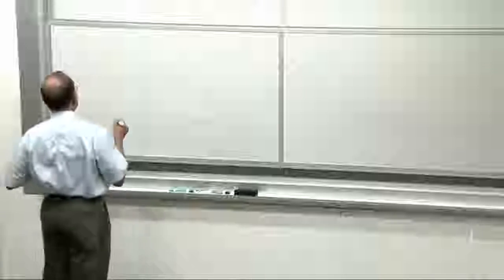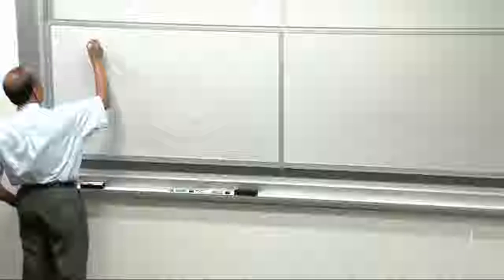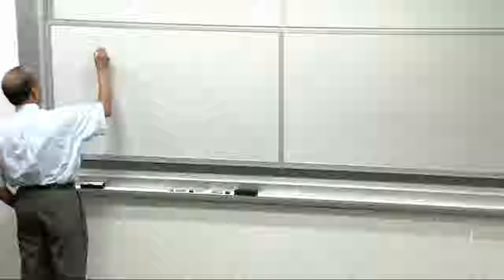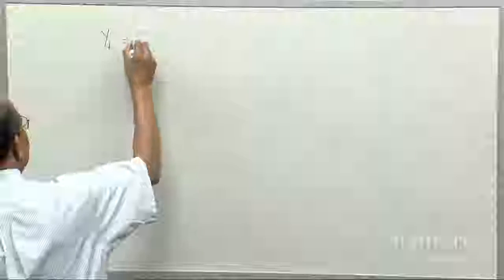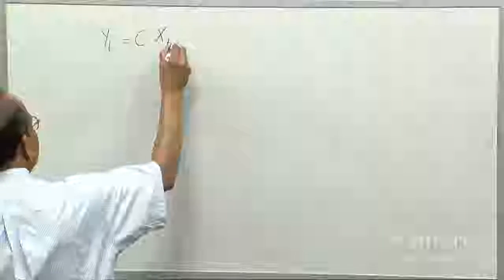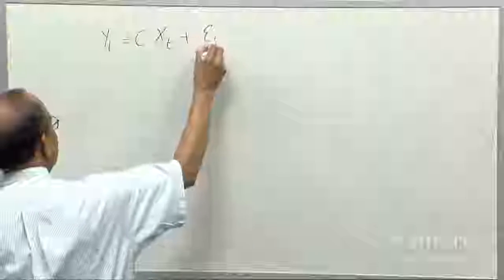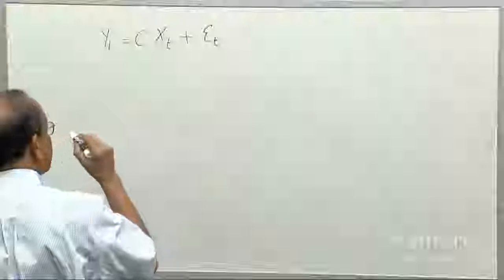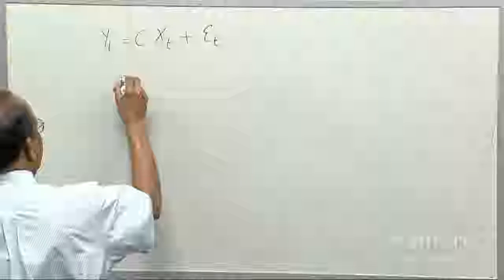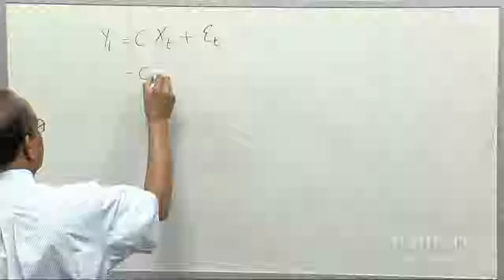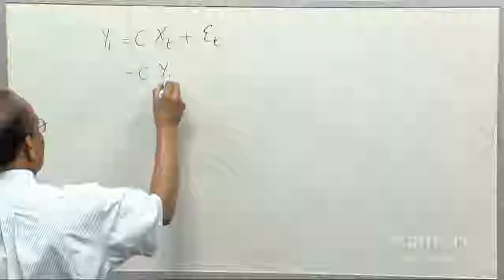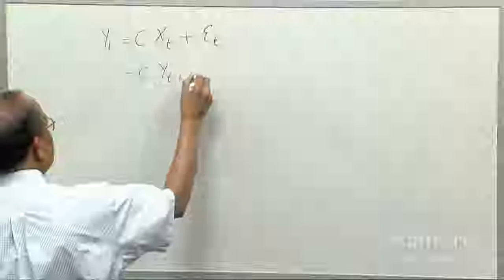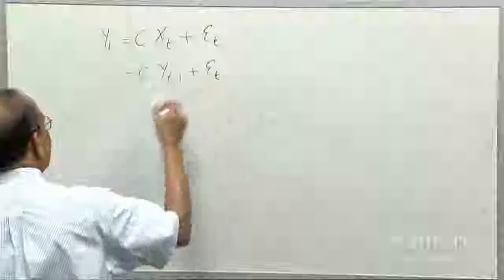So what we have here is that yt is equal to c times xt plus epsilon t. For simplicity, let me take the AR1 model, which is yt equals pi times yt minus 1 plus epsilon t.